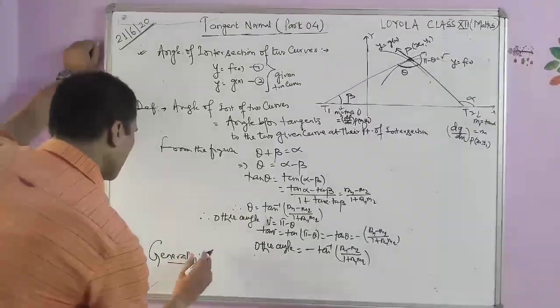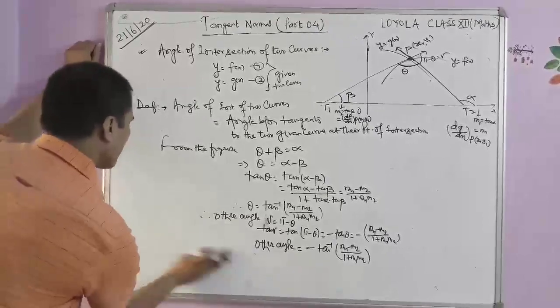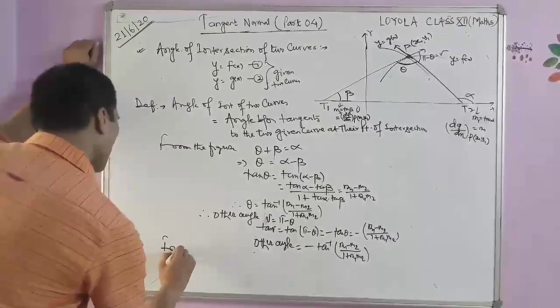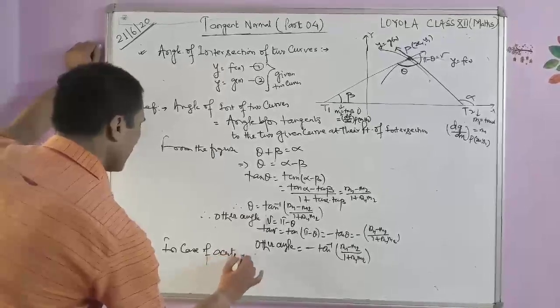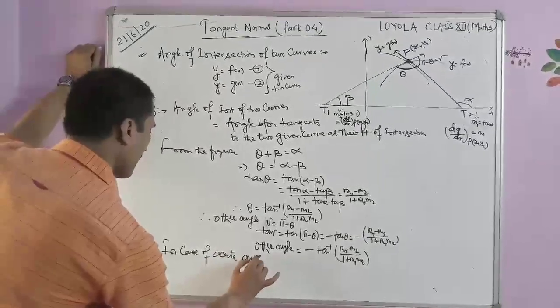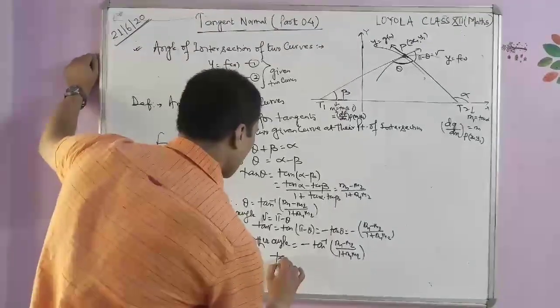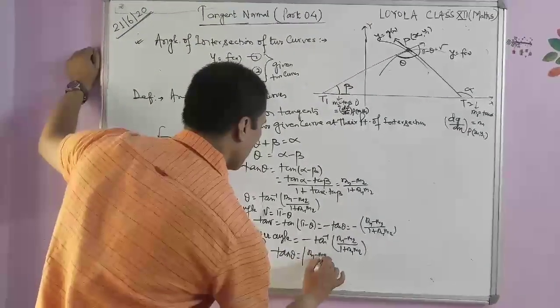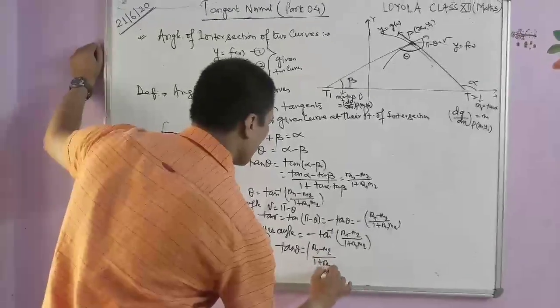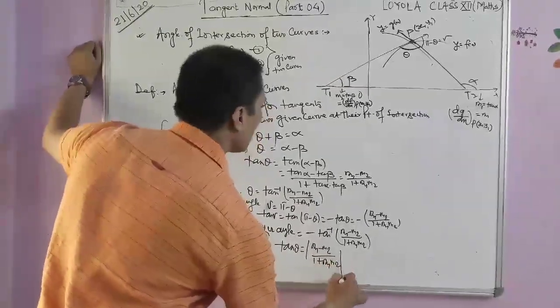Generally, in case of acute angle, we take the modulus: tan theta equals modulus of (m1 minus m2 divided by 1 plus m1 into m2).